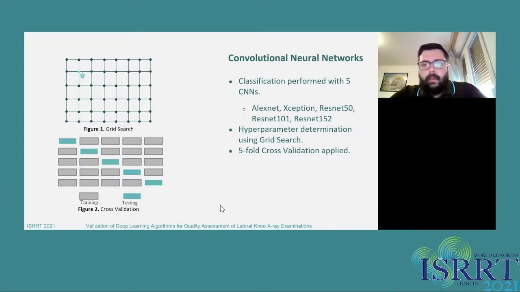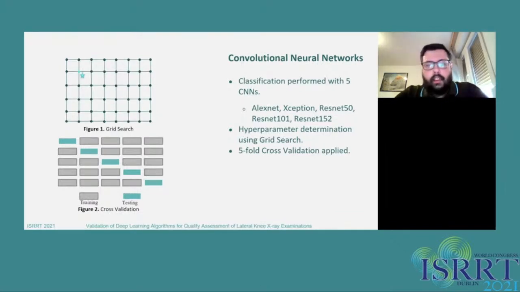Hyperparameter determination has been performed using a grid search procedure in which various hyperparameters are discretized, and all possible hyperparameter combinations are tested. As shown in figure 1, this approach may not necessarily find the best possible architecture, indicated with a star, but it may find one that is, for all practical purposes, really close to it.